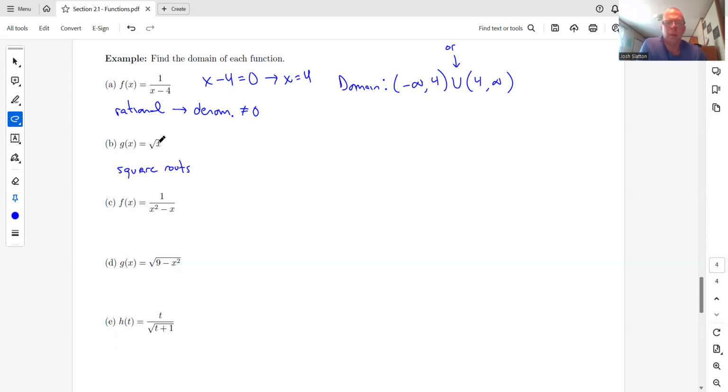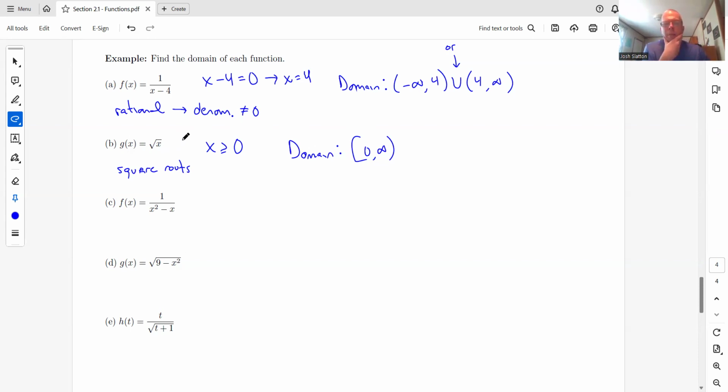So what we need to do is set whatever is under the radical greater than or equal to 0, and solve for x if you need to. In this case, we just have x greater than or equal to 0. So the domain is 0 to infinity. In this case we are including 0, so we use the bracket. You can take the square root of 0; the square root of 0 is just 0.